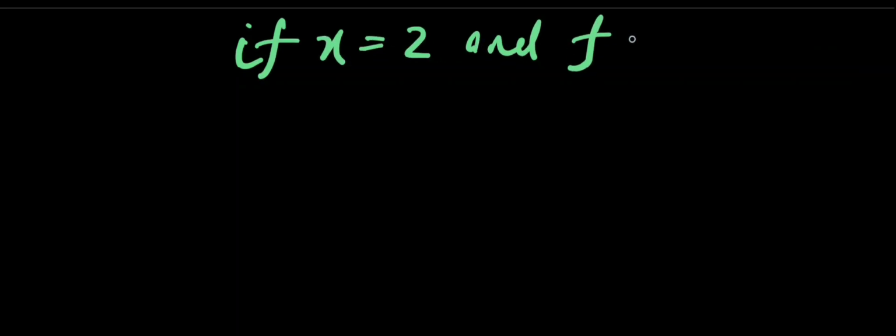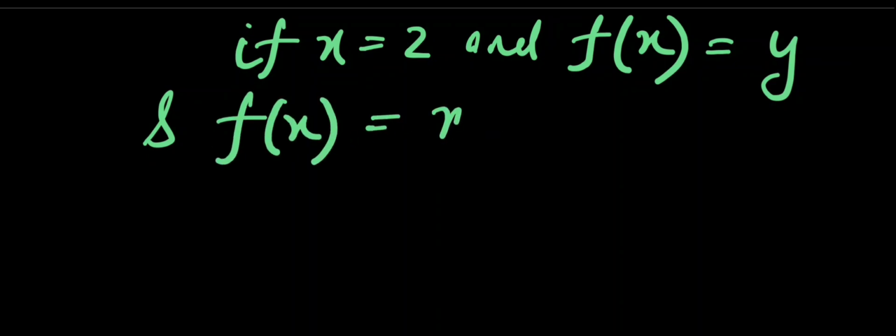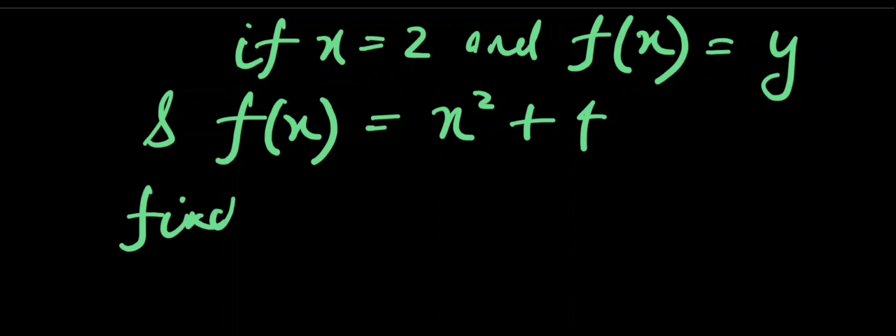Here's a sum for you guys. If x equals 2 and f of x equals y, and the value for f of x equals x squared plus 4, find y.